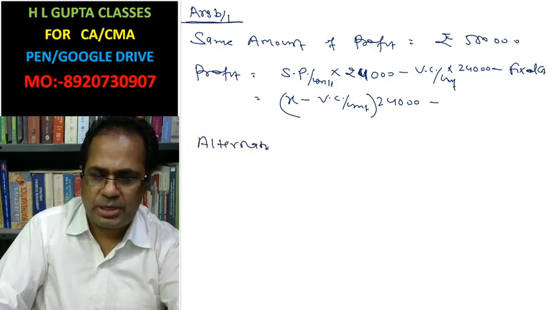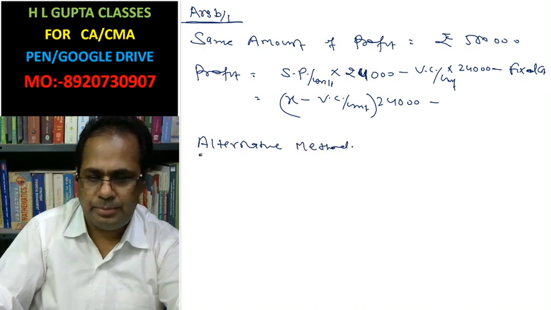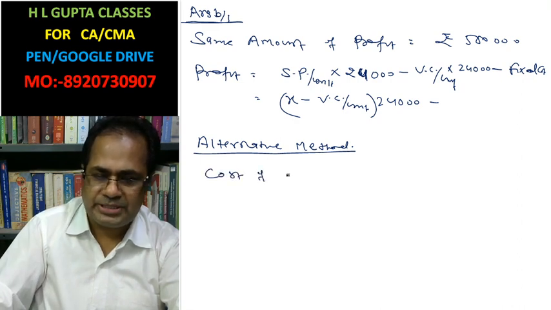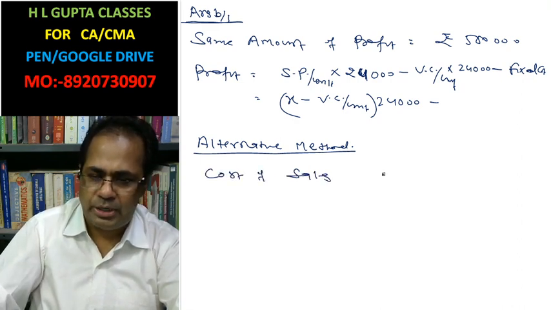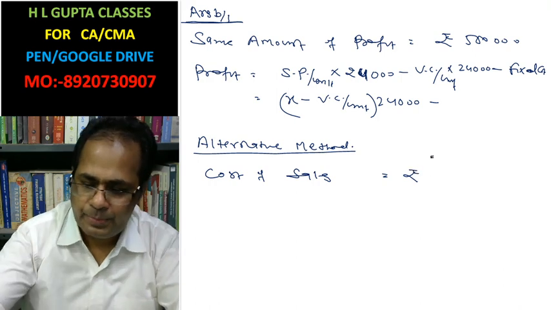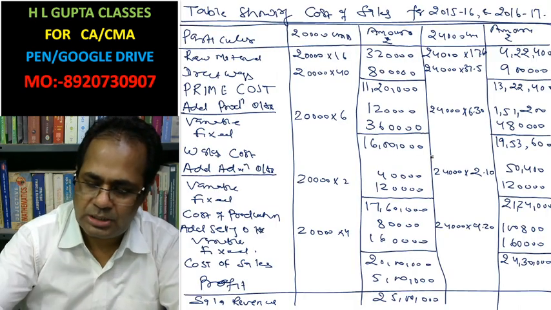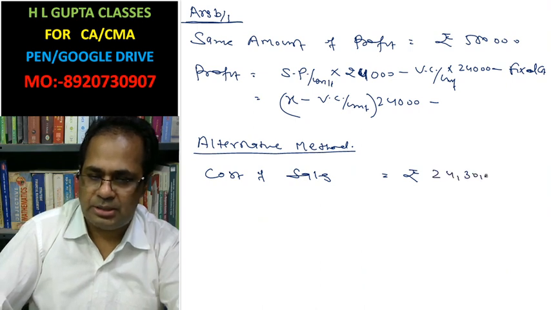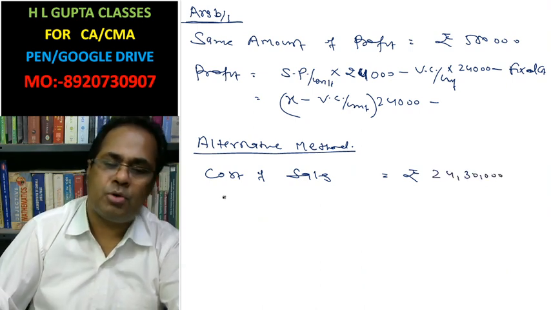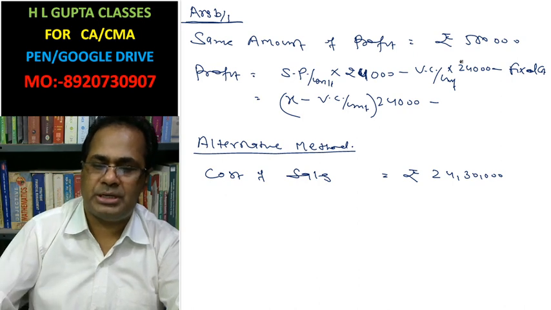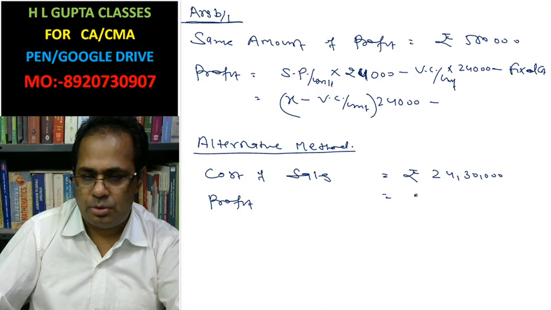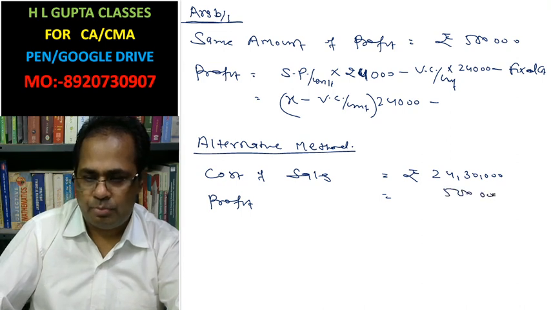Alternative method. Look at here. Cost of sale is already calculated here. Cost of sale is 24,30,000. Same amount of profit, that is profit is 5 lakh.